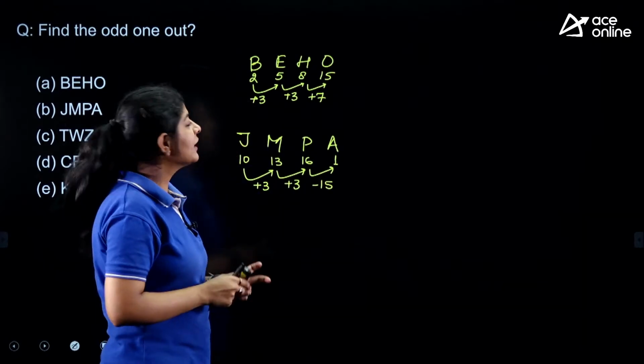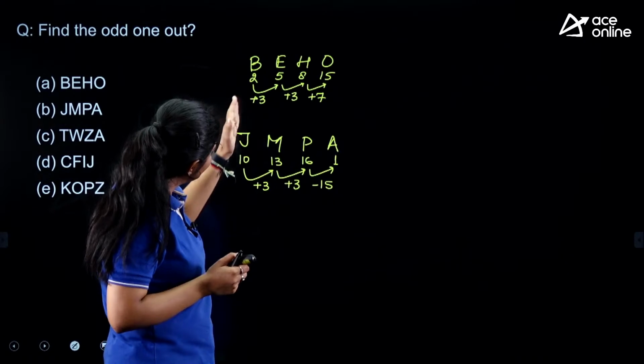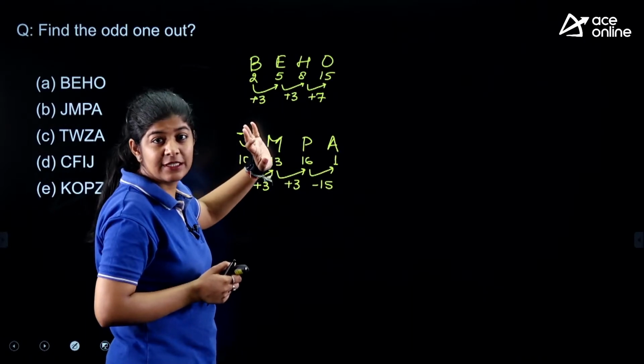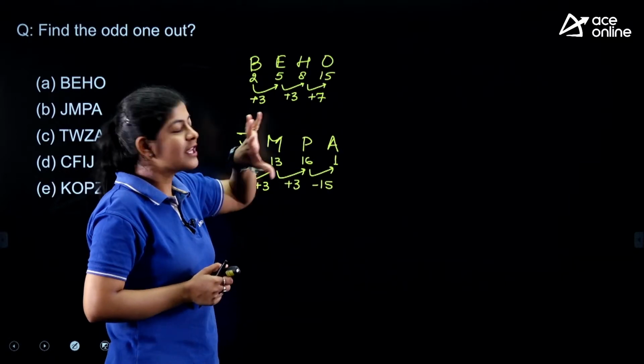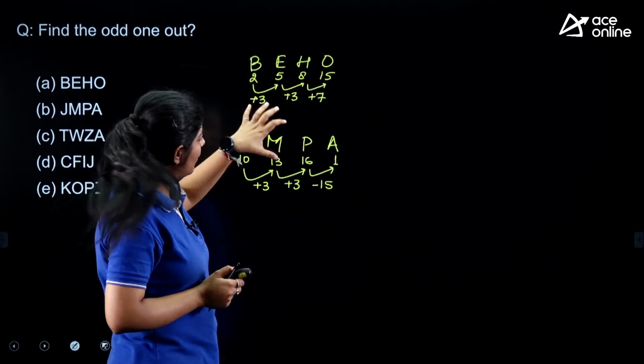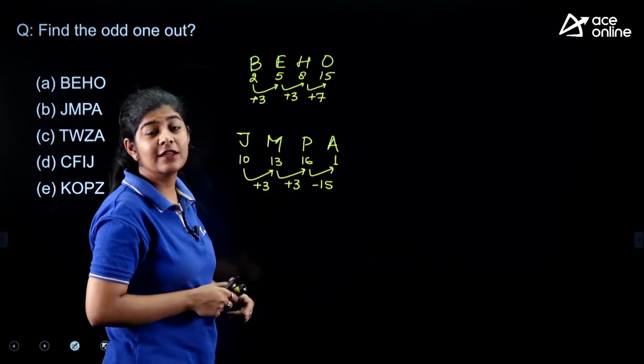As I only checked these two options, I can say that here I am getting a pattern of plus 3 in the starting two, but there is a difference in the third one. So there are chances that either this one is my correct answer or this one, or we can say the odd one out.